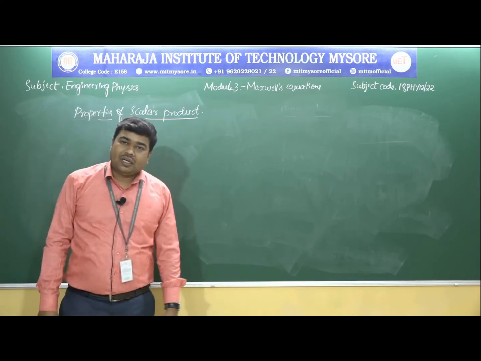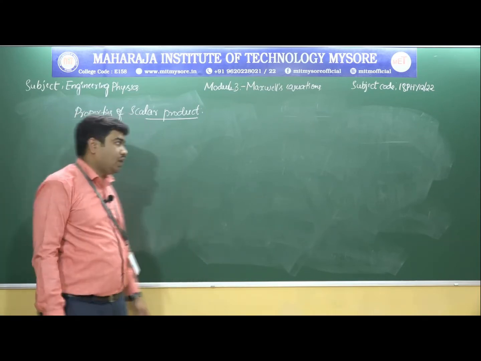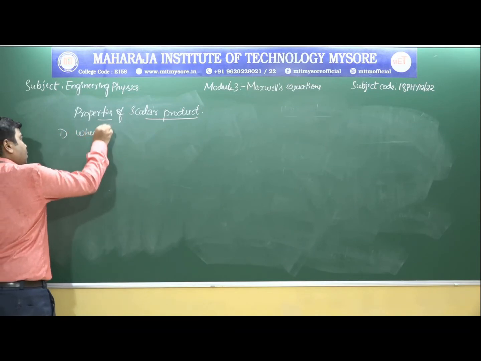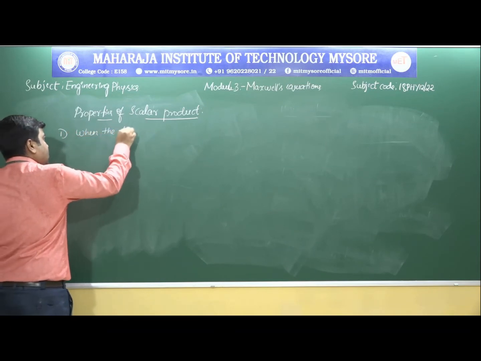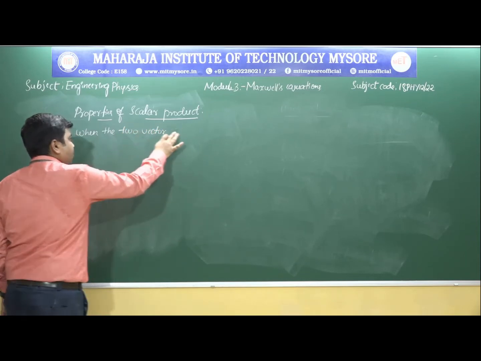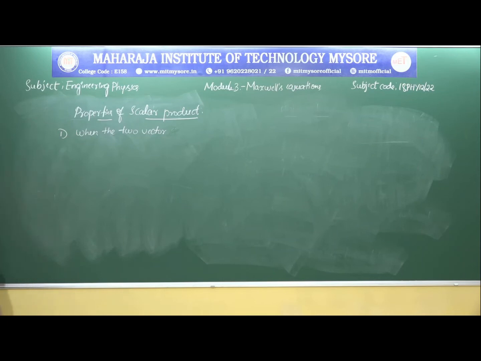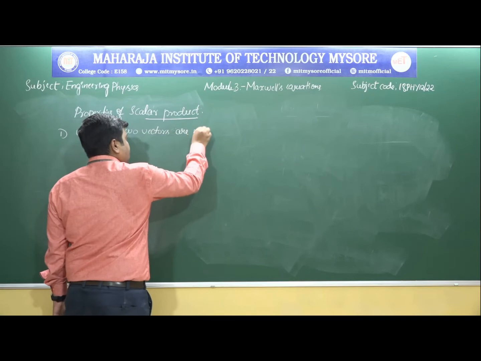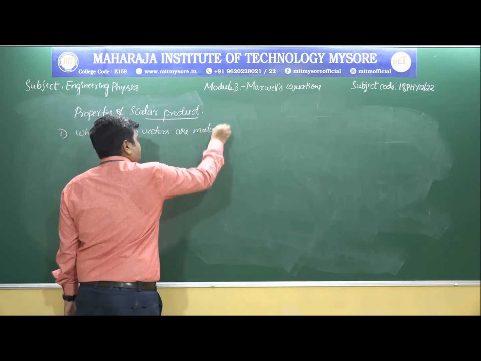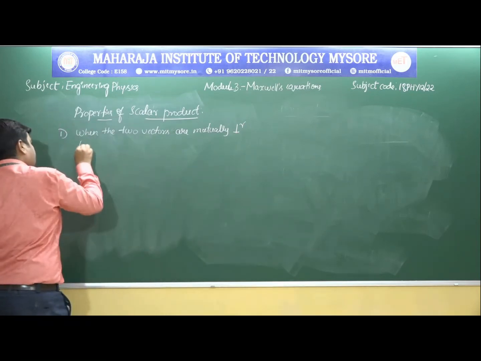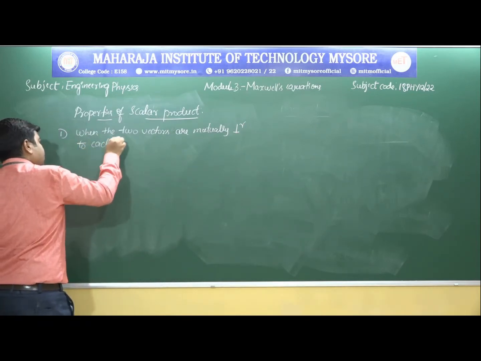Now we will see the properties of a scalar product. The first property is when the two vectors are mutually perpendicular to each other.